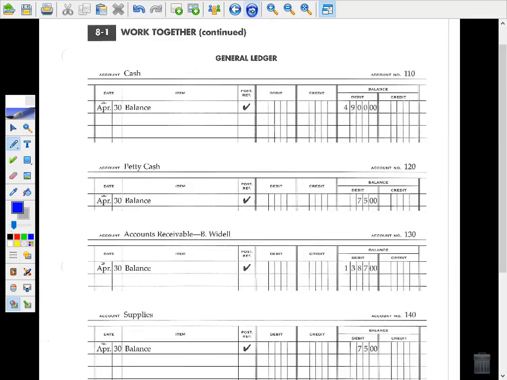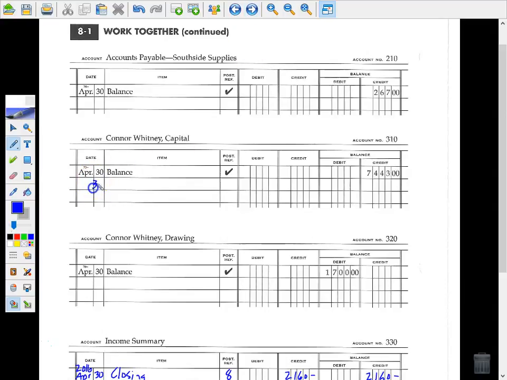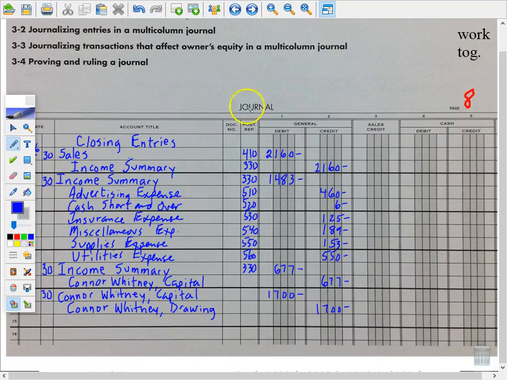Okay, credit the capital account for 677. And if you add those together, that should be 8,120. 310 is the account number.